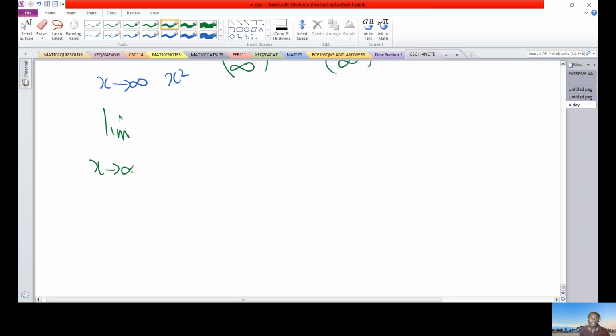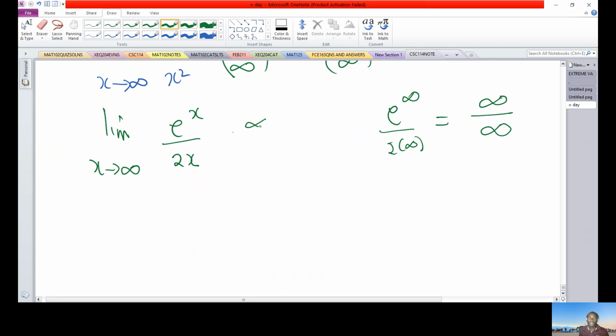So it will be the limit as x approaches infinity of e raised to the power x over 2x. Now, when you try direct substitution, you have e raised to the power infinity over 2 times infinity. e raised to the power infinity is also infinity. 2 times infinity is also another very big number. So here is also infinity over infinity. So L'Hospital's rule still works.